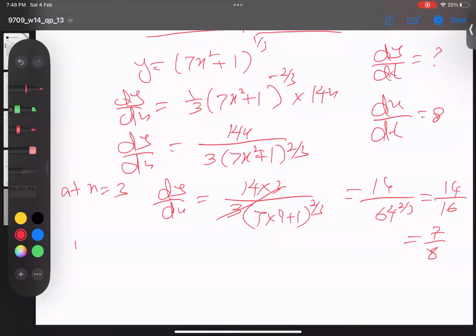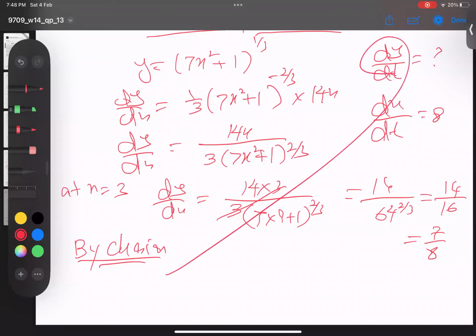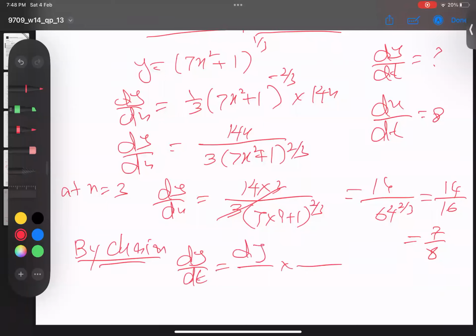So what is the chain rule? By the chain rule, what I'm looking for is dy by dt. And what is the rule for dy by dt? I have 2 fractions: dy over dx times dx over dt. What to write here and there? dx and dx, you know it very well.